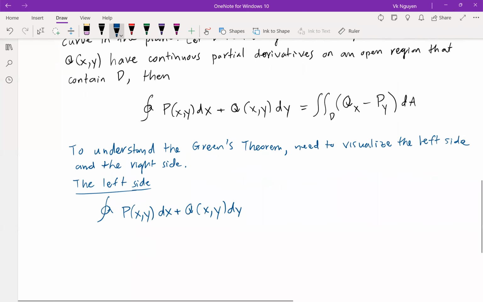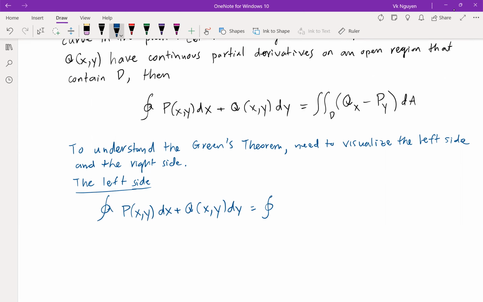Well, this is pretty much the same as the integration over the curve C, closed and bounded, of P, Q dot dx, dy. I forgot to write the curve C here. You can do a little bit more.